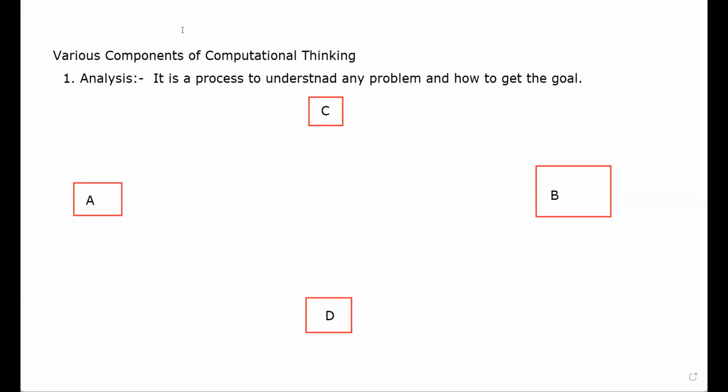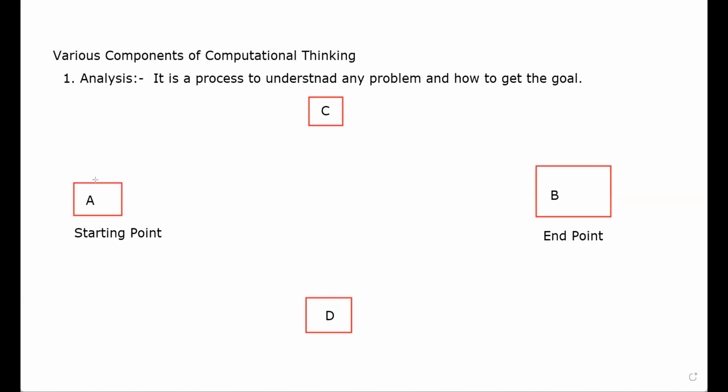My dear students, this is the starting point. A is the starting point, and B is the end point. There are various ways through which you can reach your goal. The first way is that you should go in that fashion.